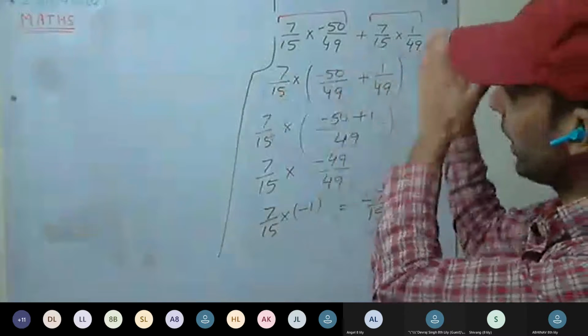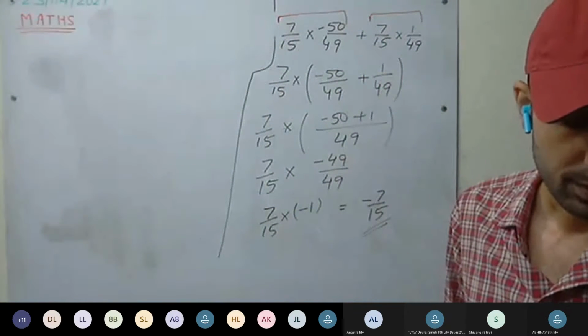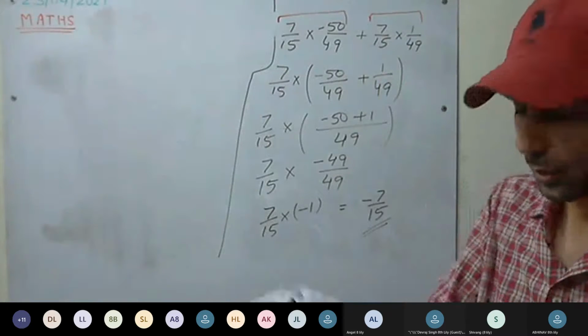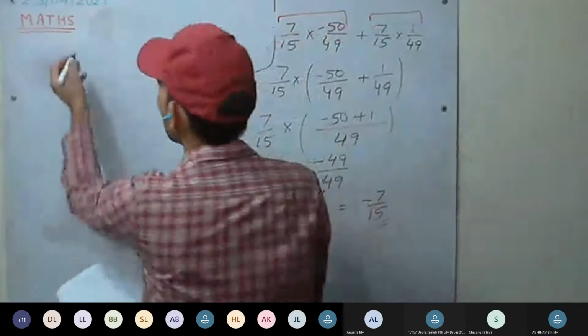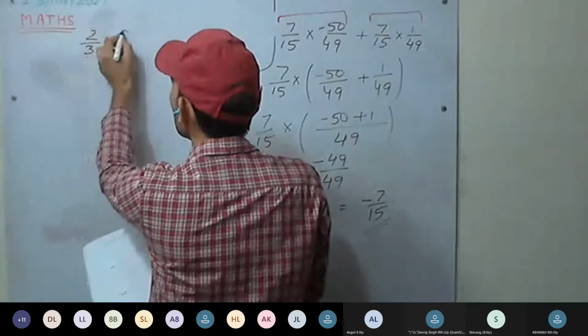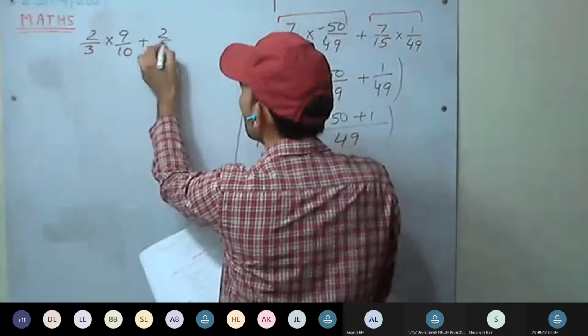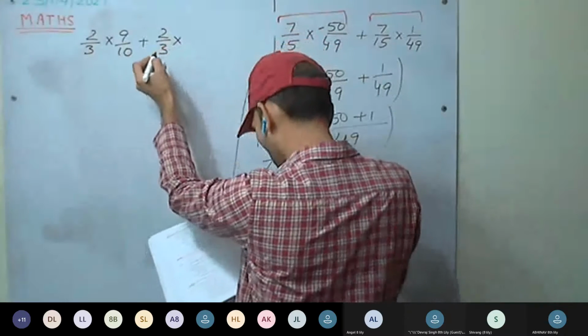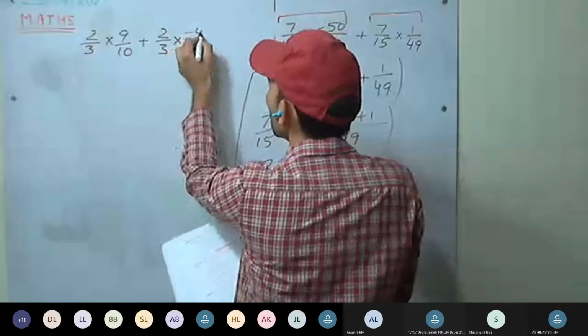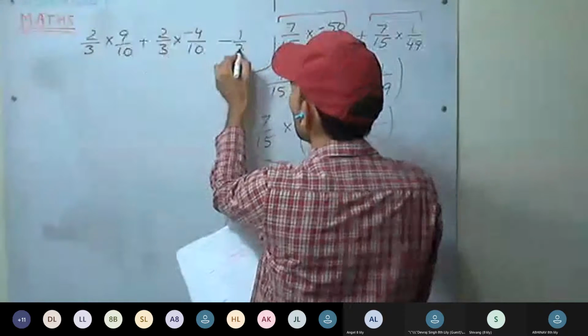-1/3 is extra. Keep it as extra. At last, we will solve it. Okay. On the rest, we can apply distributive property. Now think once how we are going to do it. 2/3 into 9/10 plus 2/3 into -4/10, -1/3.